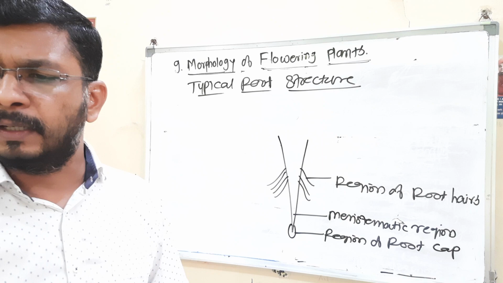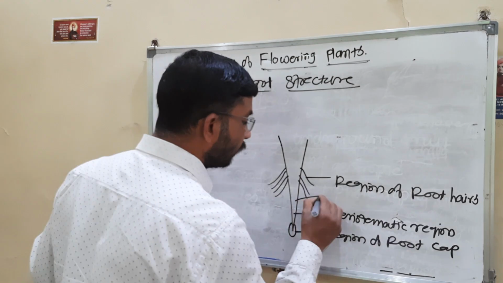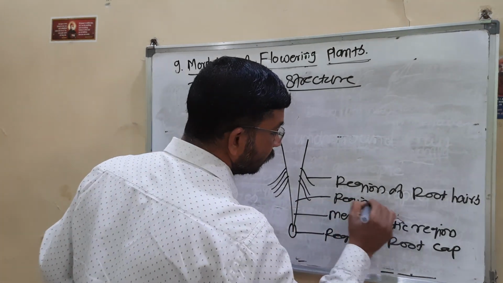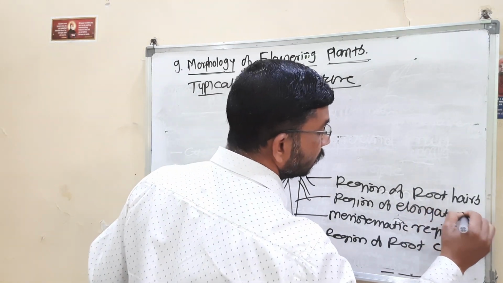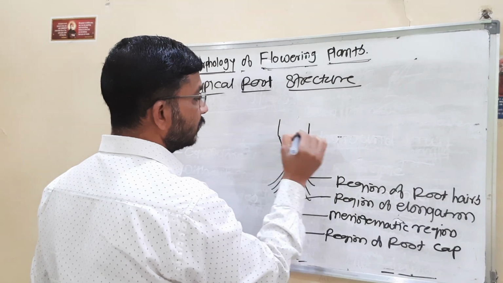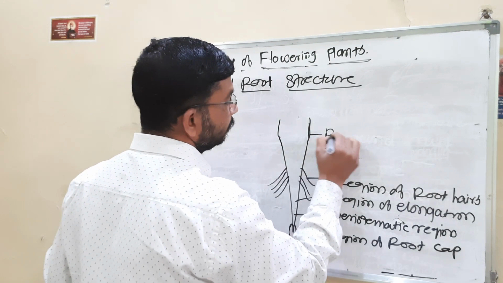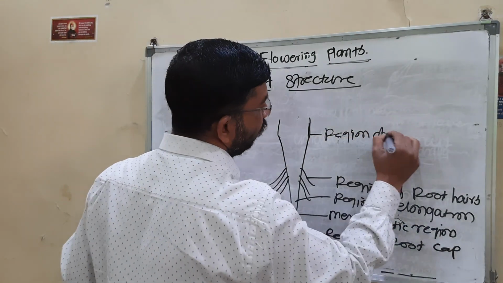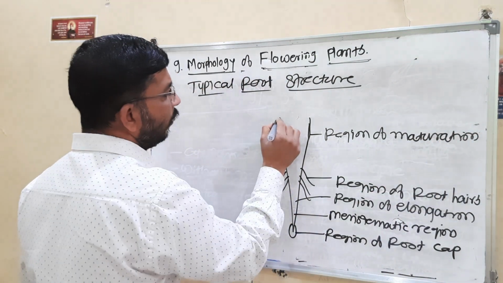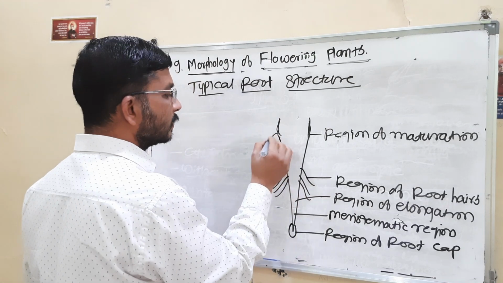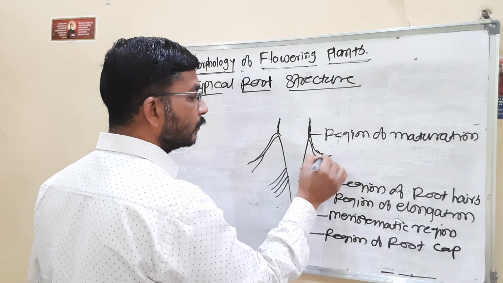Then the next region is the region of elongation. And the last one is the region of maturation. These are all certain characters, certain functions, certain regions of the roots.